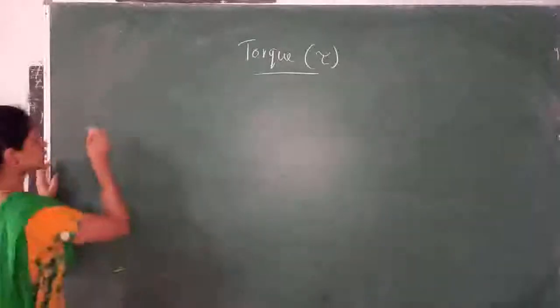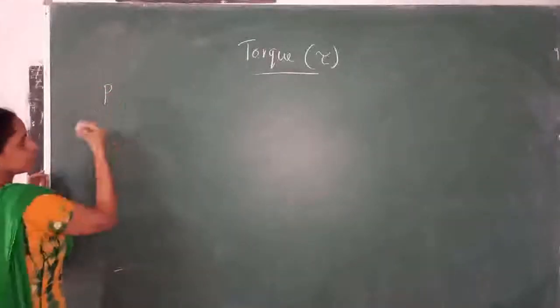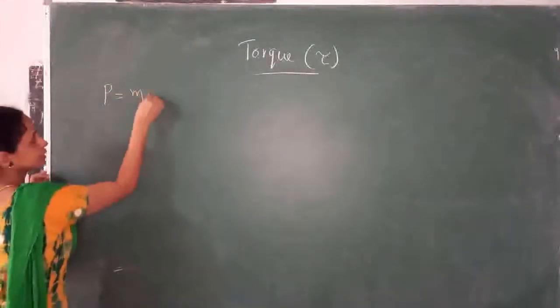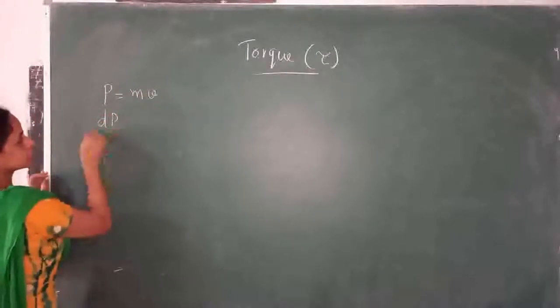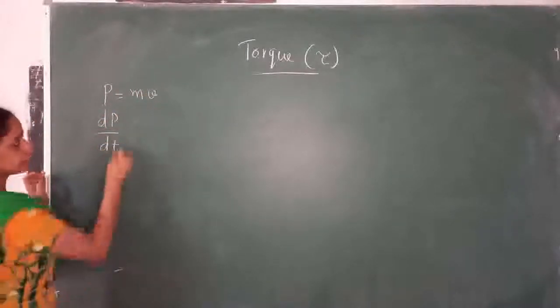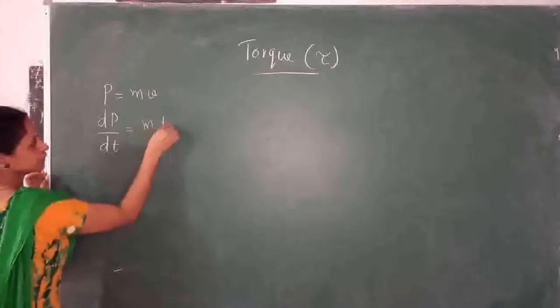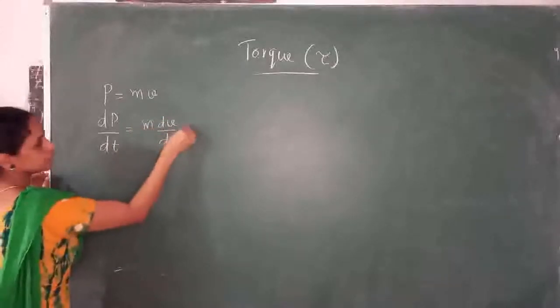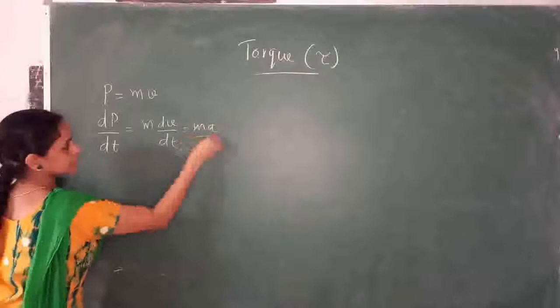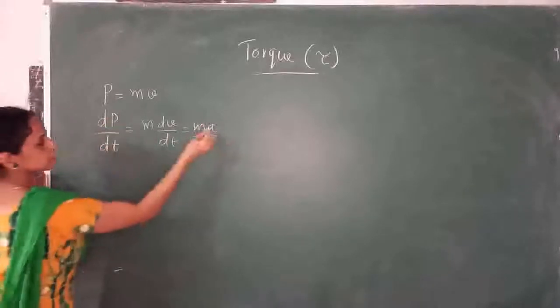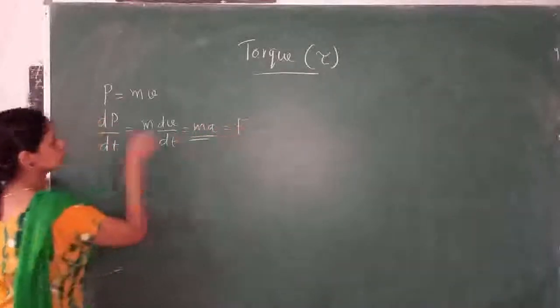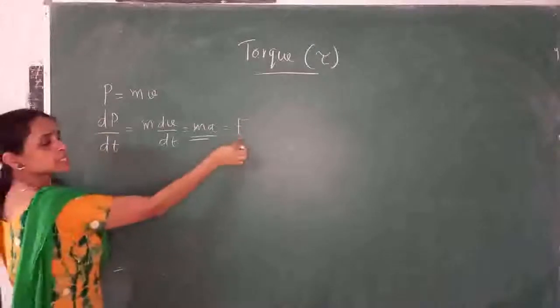Linear momentum is P, that is mv. If you take the rate of change dp by dt, that means m into dv by dt. dv by dt is nothing but the acceleration. So the rate of change of linear momentum is force.